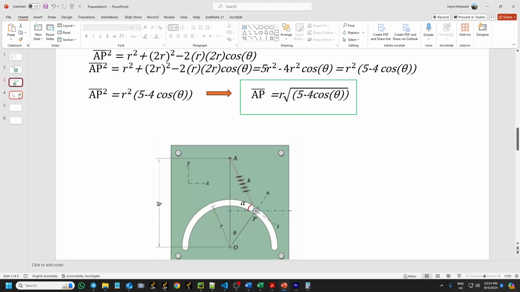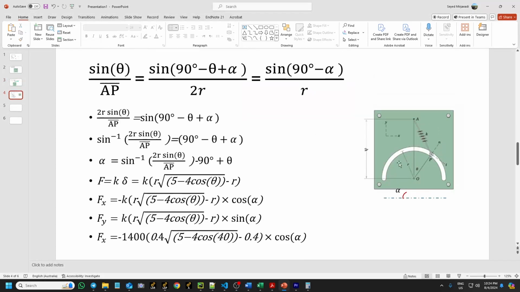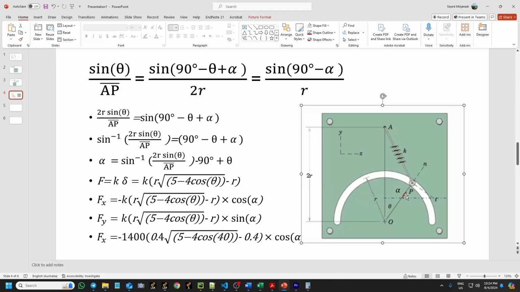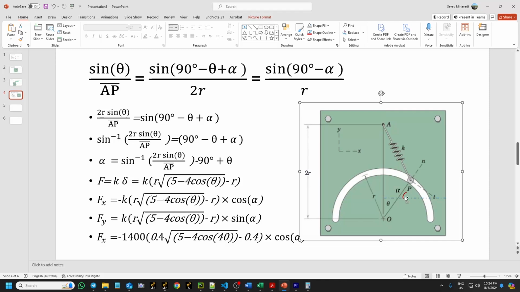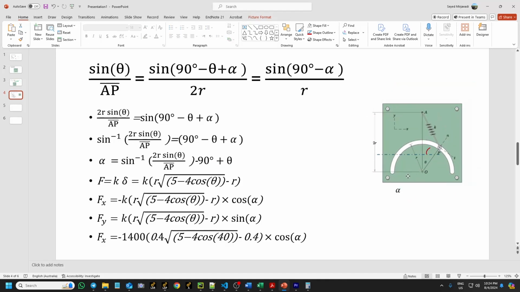In the next part, we will use the sine rule. So sine theta, and this is AP bar, this length. Let's make it bigger. I will call this angle alpha.